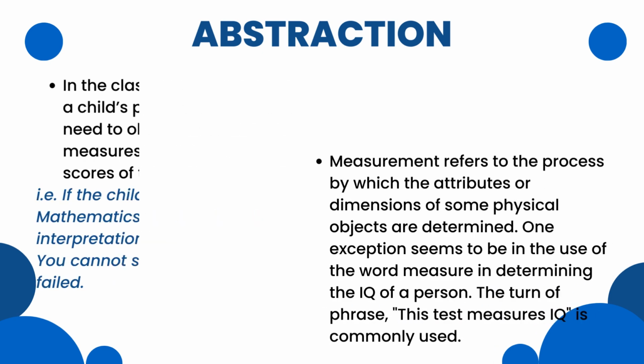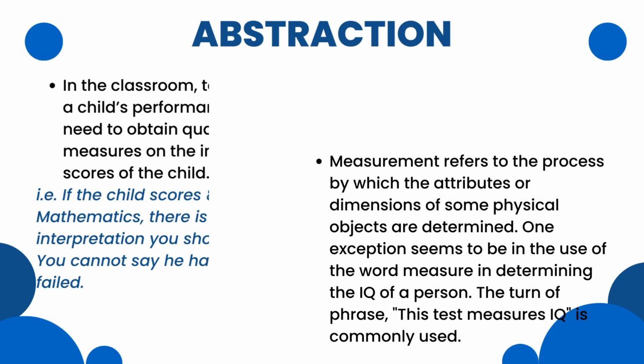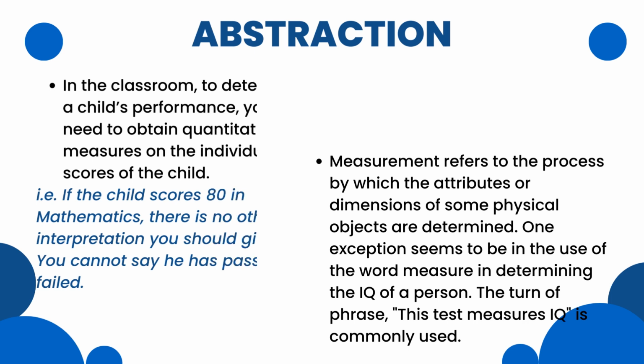Measurement refers to the process by which the attributes or dimensions of some physical objects are determined. One exception seems to be in the use of the word measure in determining the IQ of a person. The turn of phrase "this test measures IQ" is commonly used.